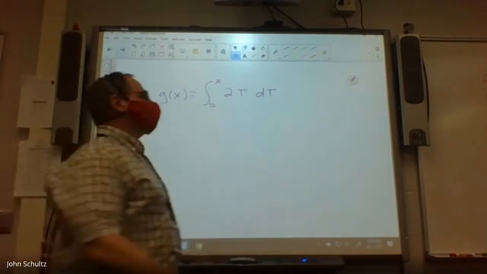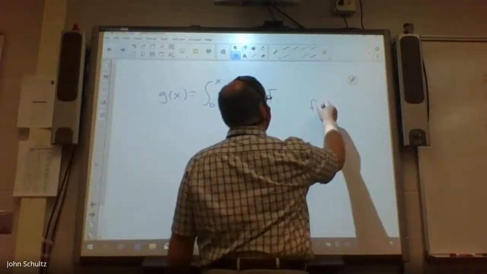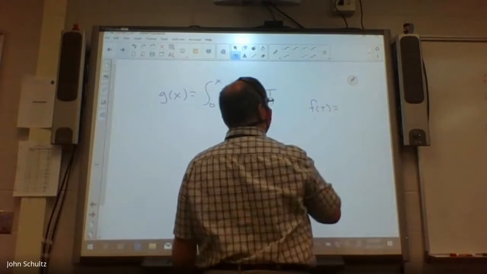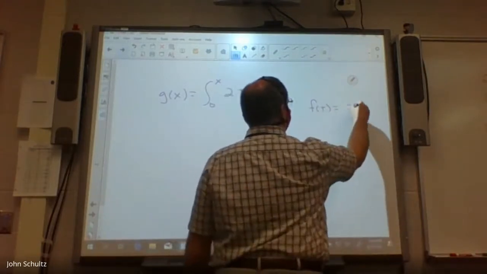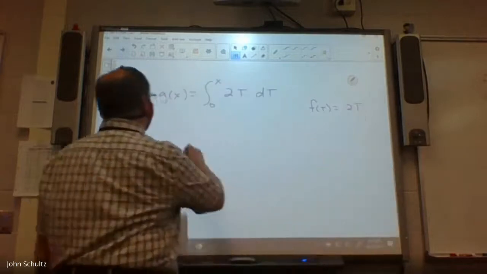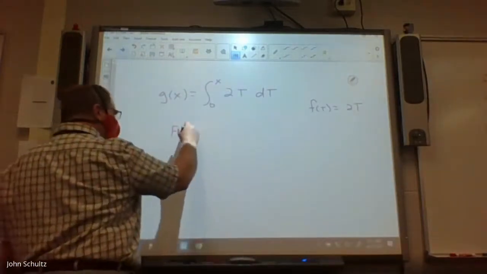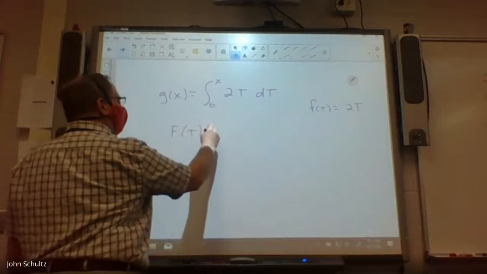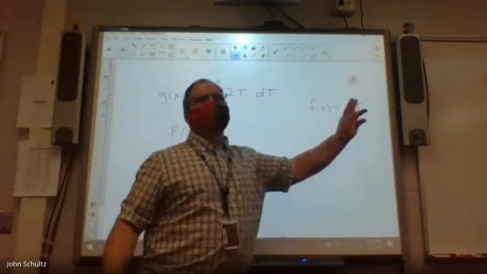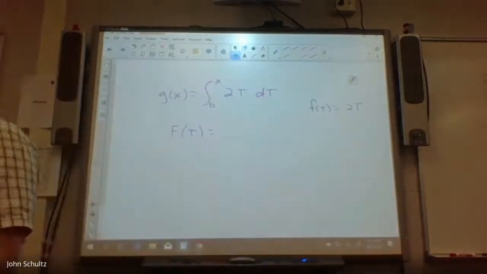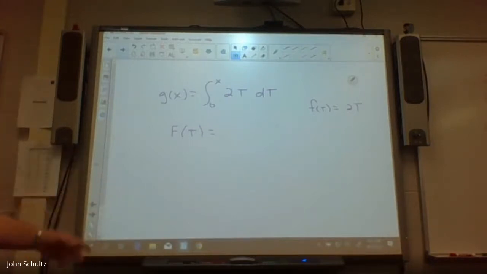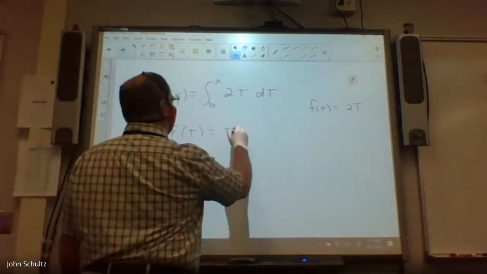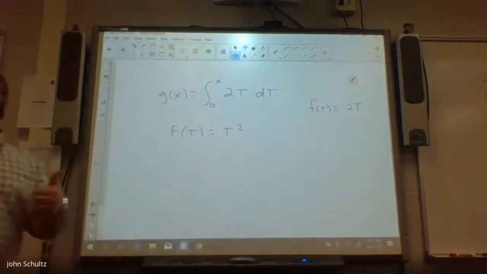So in this case, f of t is going to be equal to 2t, right? So what would be big F of t, an antiderivative of this? I don't care, just give me an antiderivative. t squared, right? So big F of t would be equal to t squared.